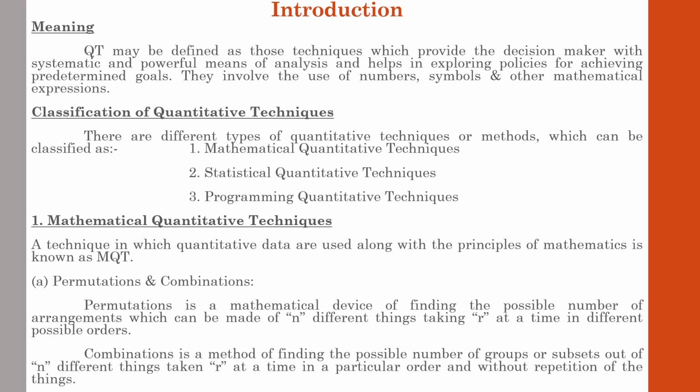Even though the arrangement is different, the letters are repeated. In combination, you can't repeat the letters again and again. It has to be different. That is the concept of combination. You may find it confusing, don't worry. We will discuss permutation and combination in detail in the coming sessions.